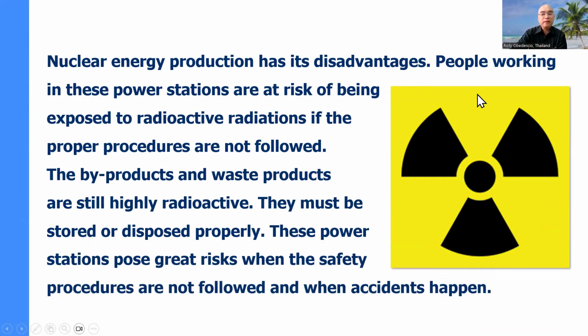What are they? People working in these power stations are at risk of being exposed to radioactive radiations if the proper procedures are not followed. The byproducts and waste products are still highly radioactive. They must be stored or disposed properly.